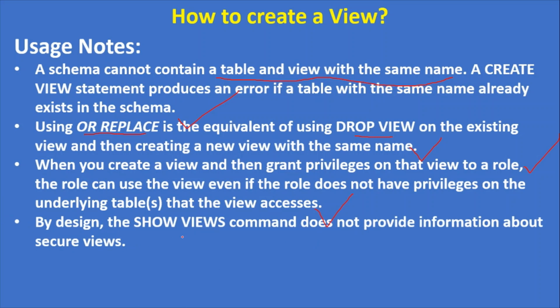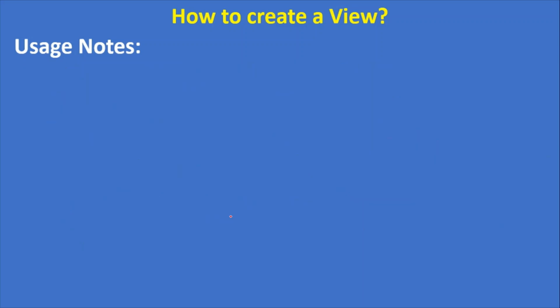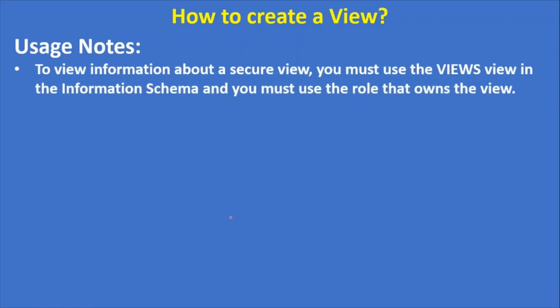By design, the SHOW VIEWS command doesn't provide information about secure views. Please note that when you create a secure view and use the SHOW VIEWS command, it doesn't provide the information about secure views. And to view the information about a secure view, you must use the views view in the information schema, and you must use the role that owns the view.